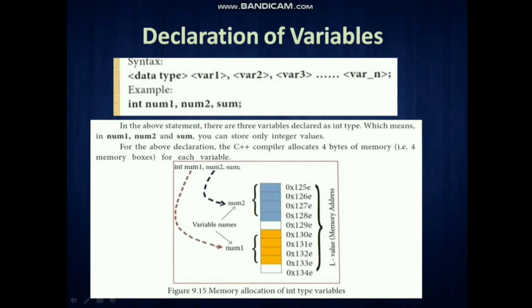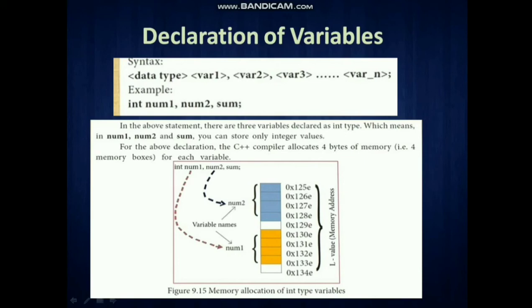That memory will store that particular value. In orange, num1 will store a value, and num2 will store a value in blue color.